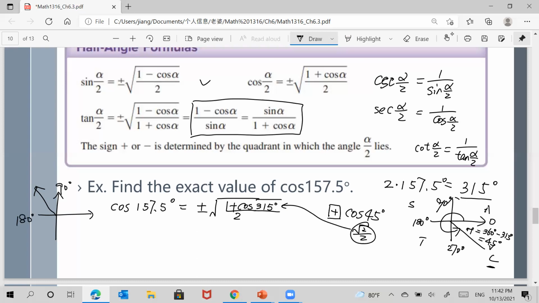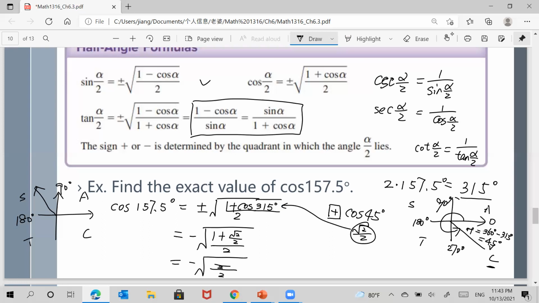It should be in the 2nd quadrant. ASTC. This is cosine. In the 2nd quadrant it is negative. So here we keep the negative sign and then plug in the value of square root of 2 over 2. 1 plus square root 2 over 2, over 2. And then let's simplify this. So combine these two terms.